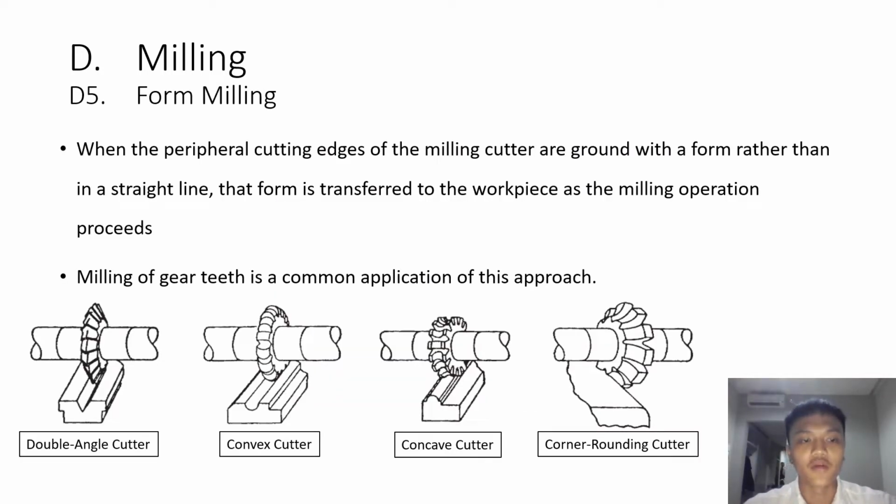Form milling. When the peripheral cutting edges of the milling cutter are ground with a form rather than in a straight line, that form is transferred to the workpiece as the milling operation proceeds. Milling of gear teeth is a common application of this approach. There are some form milling operations: double angle cutter, convex cutter, concave cutter, and corner rounding cutter.